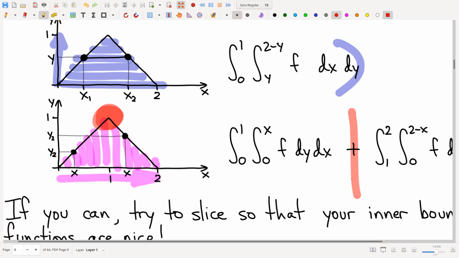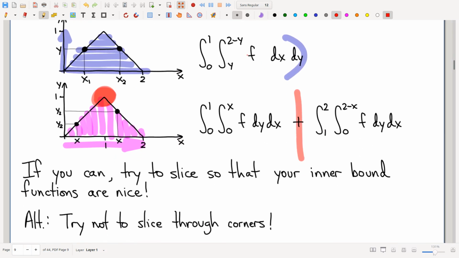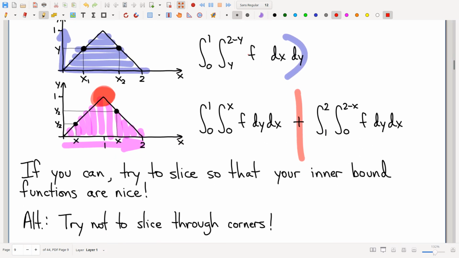It's because I sliced through a corner, loosely speaking, right in the middle of my x slicing process. So the generally good guidance on this is: try not to slice through corners.